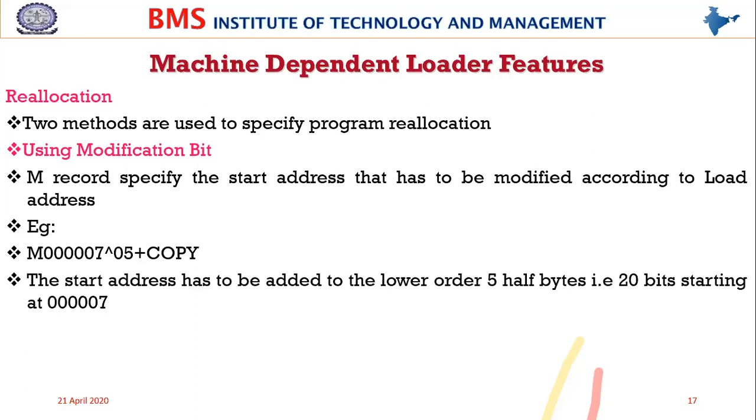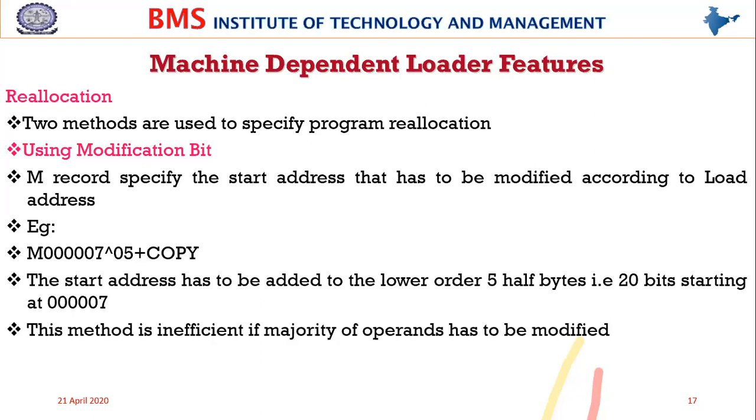So the start address is loaded with 5 half bytes, that is 20 bits, starting from 00007 as the address. Fine. This method is efficient, specifically if it is an SIC/XE program. The reason is that in an SIC/XE program we have different varieties of addressing modes and different formats of instruction.